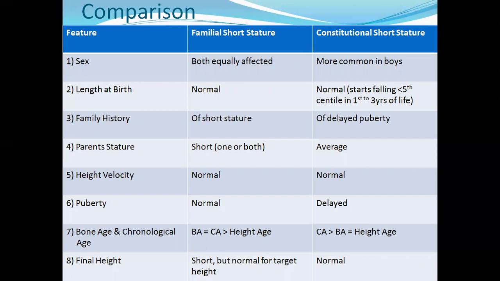Length at birth is normal in familial, and again normal in constitutional. Family history: there is a short stature history in familial, but in constitutional it is delayed puberty. Parents are short in familial, but average in constitutional short stature. Height velocity is normal in both cases. Puberty is normal in familial, but it is delayed in constitutional.